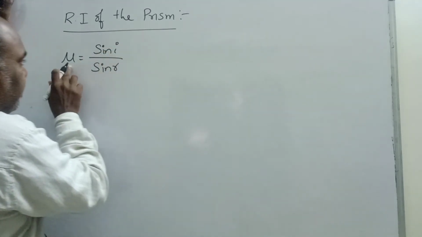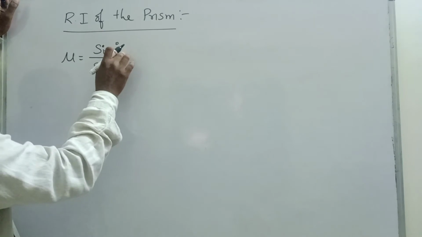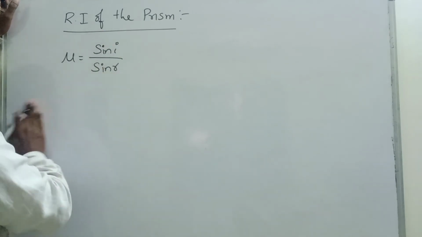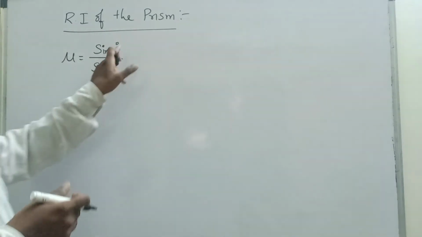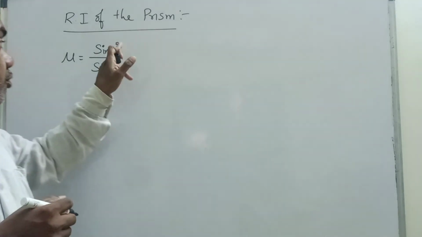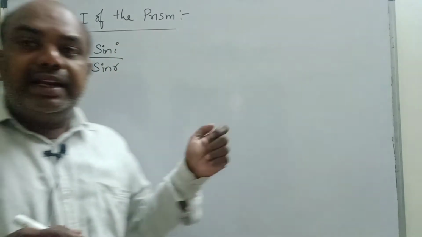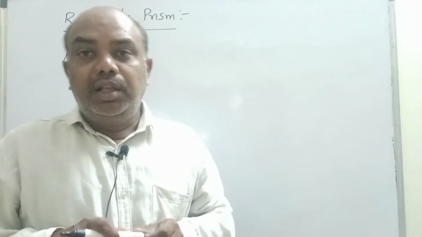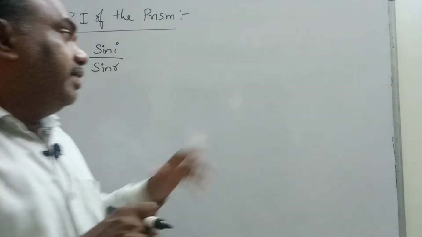Mu is the refractive index of the prism, i is the angle of incidence, r is the angle of refraction. If you find the i value and r value, directly you can substitute in this formula, then you will get the refractive index of the prism.